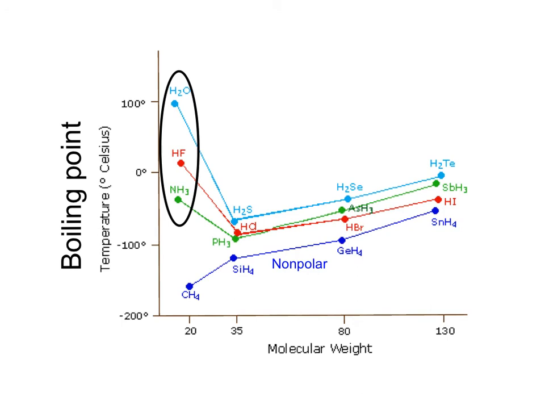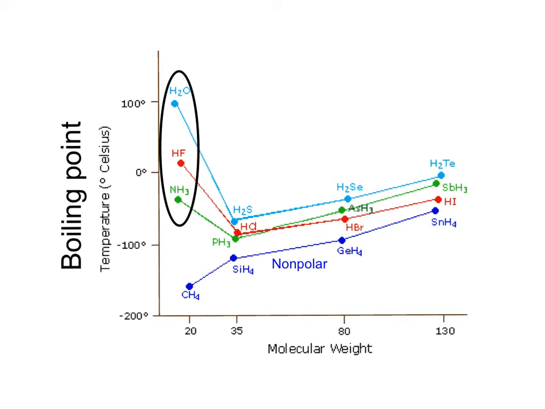Don't worry too much about this graph. It's just another visual to help you understand these relative strengths. If I look at the bottom line, that's a bunch of nonpolar molecules. Remember, nonpolar molecules only have dispersion forces, so they have the weakest forces holding them together, so they have the lowest boiling points.